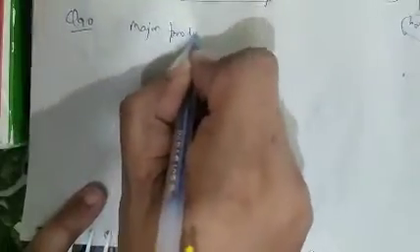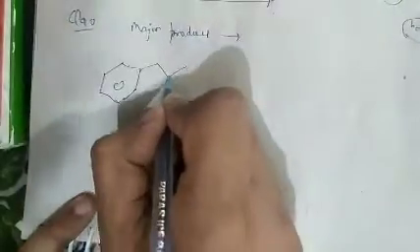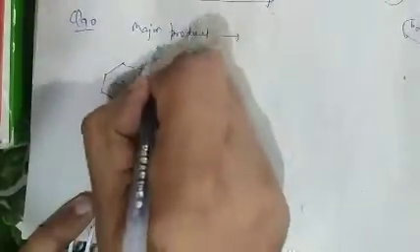Question number 90 is an easy question. The major product is what we are looking for, and the compound given is benzene, and the benzene carries this group attached, there is NH2 and OH, and on this group that is CH3.